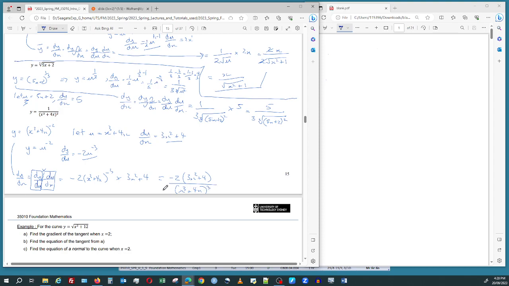So the simplification will come. We can do that expansion if we want to, which would be simplifying, and that would be okay. So we'll do that. Minus 6x squared minus 8. So there you go.